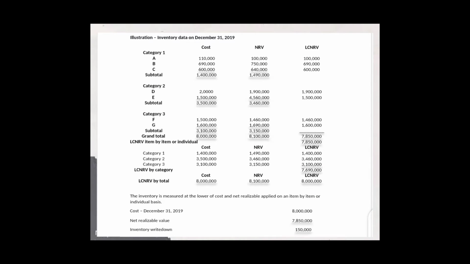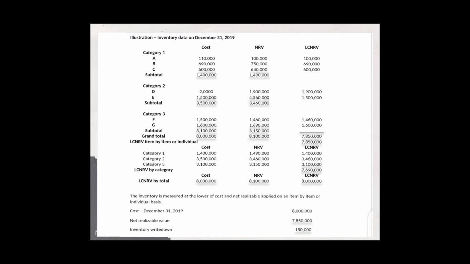So, example illustration. So, meron tayong inventory A to G, which is categorized 1, 2, 3. And total ng cost is 8 million. Ang total ng NRV is 8,100,000.